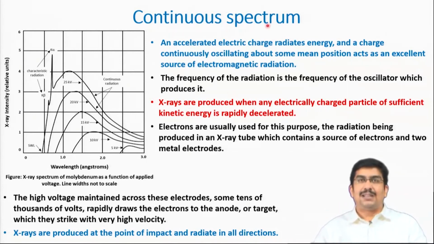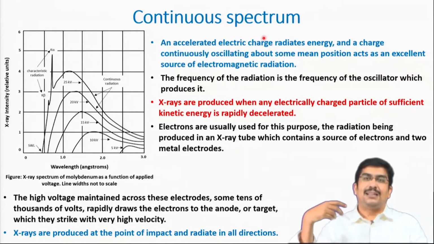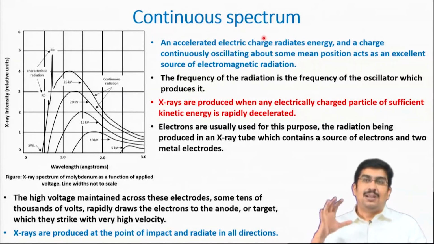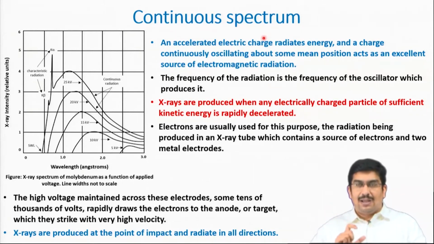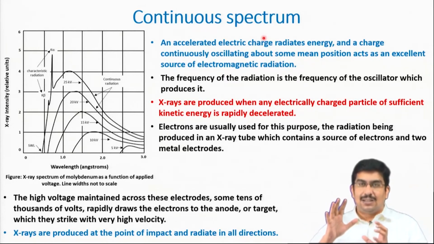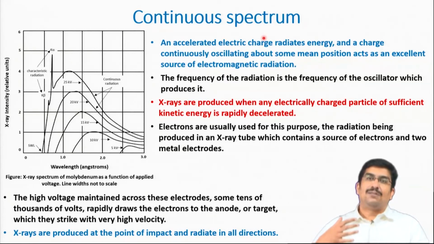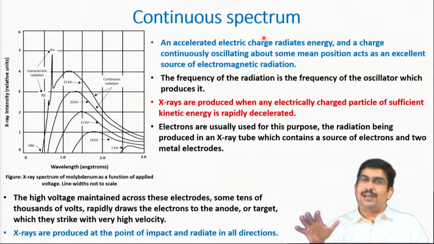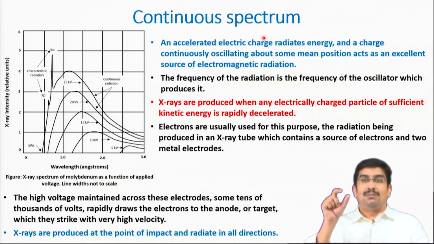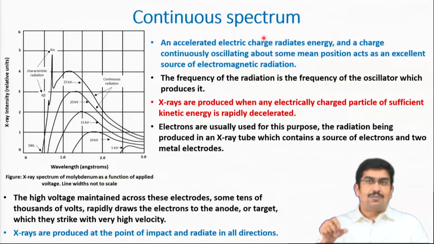The same thing happens there also: the accelerated charged particle oscillates about its mean position, and then suddenly deceleration happens, and that energy of the charged particle is transferred to an electromagnetic radiation. The frequency of this X-ray generated from the charged particle will be exactly the same as the frequency at which the charged particle is decelerated. That is how X-rays are generated.